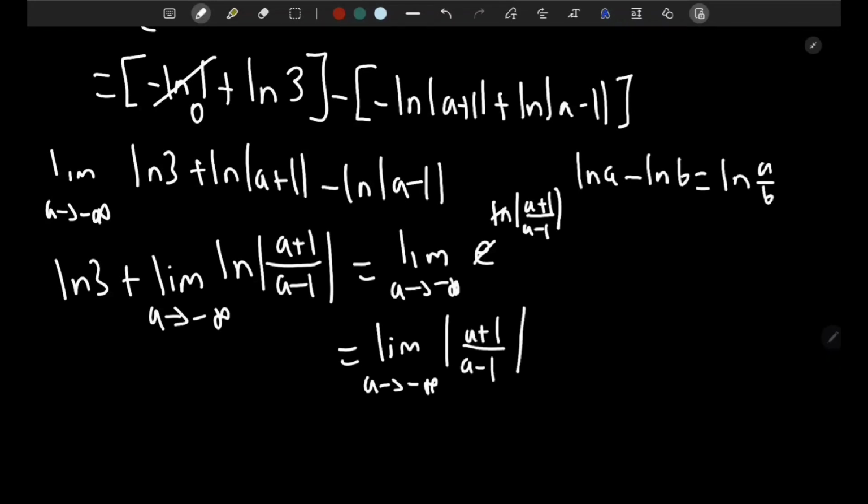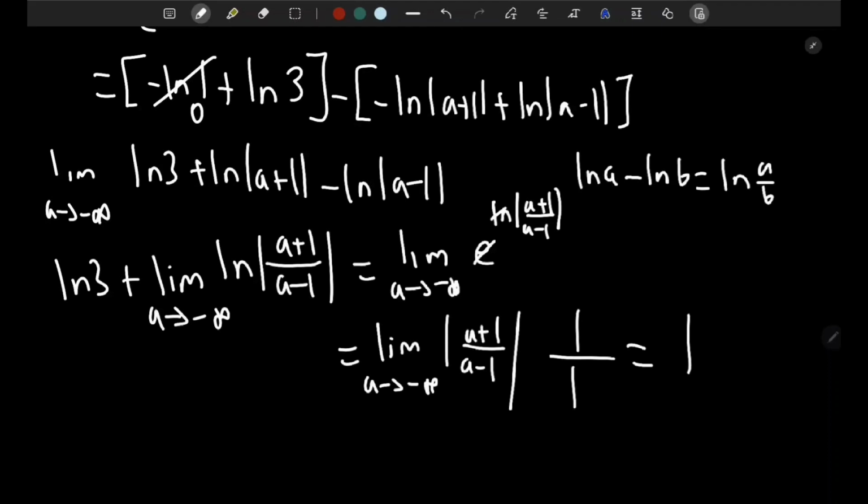Now we can finally use the L'Hopital rule, where we derive the numerator and the denominator. The derivative of a plus 1 is 1, and the derivative of a minus 1 is also 1. So the final answer would be 1.